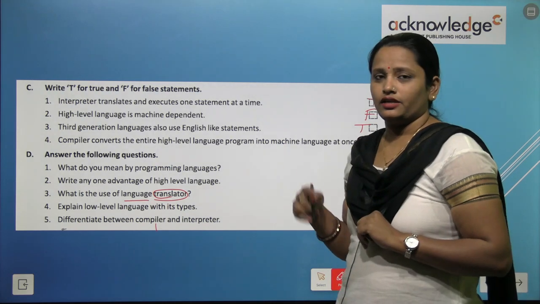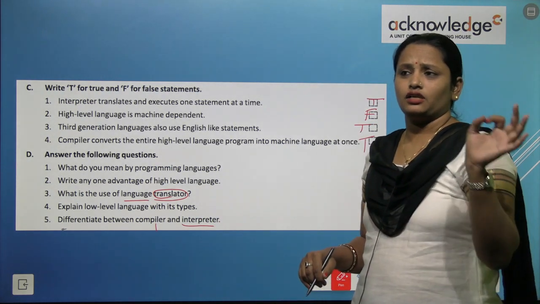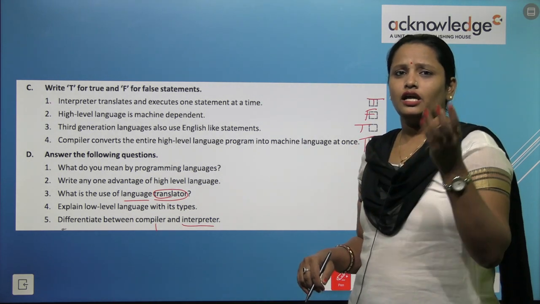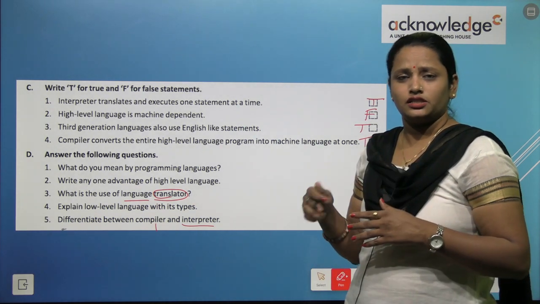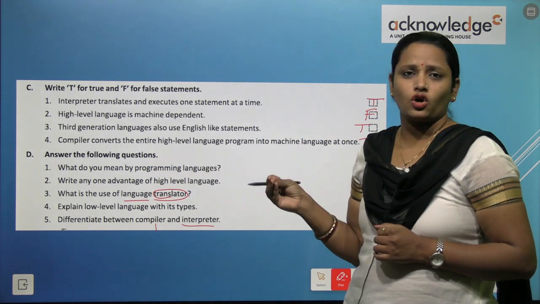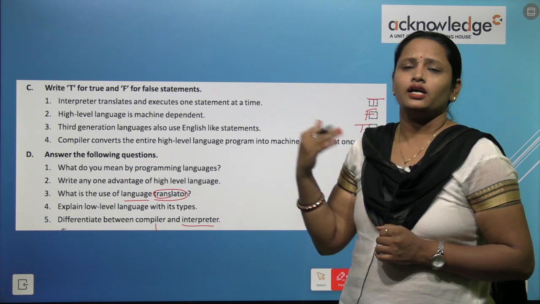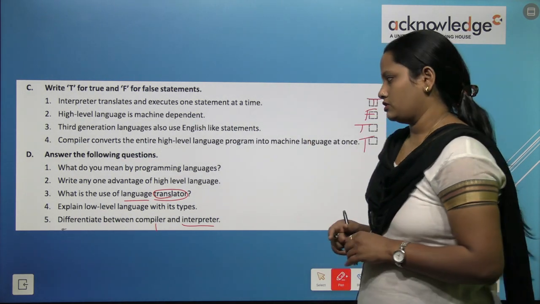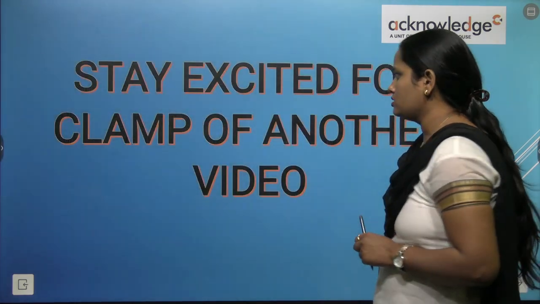But the interpreter follows one line and then displays the result there. It works line by line and displays the result after that, and till the error is not corrected, it cannot go to the next line. So this is interpreter. So these were the differences between compiler and interpreter.